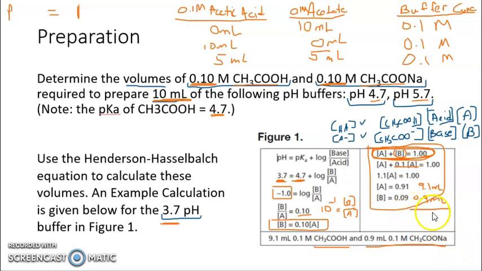And then my total volume is going to be my 10 mils, which is what I wanted. So that's where this comes from. This is a simplifying assumption. It doesn't apply in all cases. It applies when the weak acid and the weak base are prepared at the same concentration.